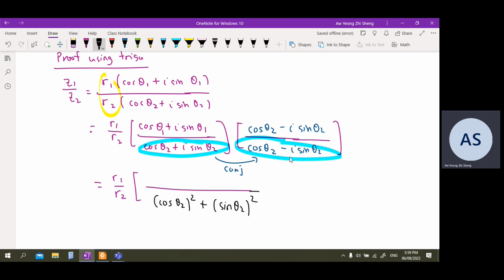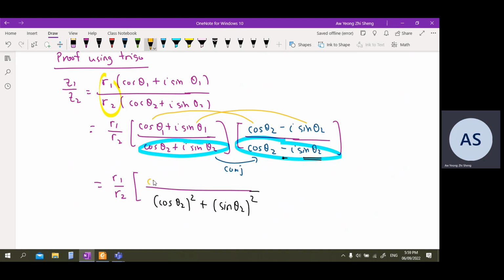If you had taken negative sine theta 2 to be the y here, it will have the same result, because the negative will disappear anyway when you have a square on the outside. Then at the top, at the numerator, I know there is this and this combination that will generate the real term.